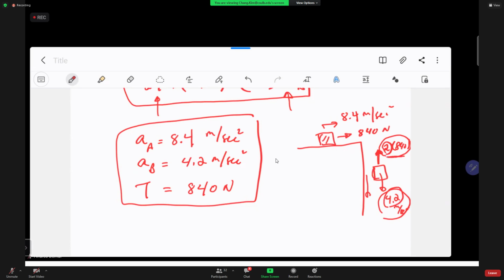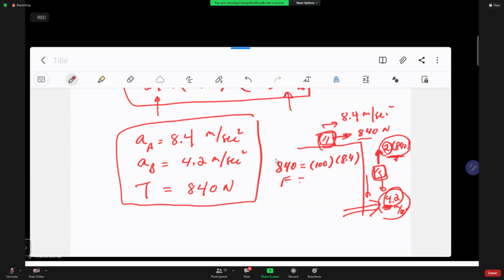force is equal to mass times acceleration. So you are actually pulling or resisting the motion of the P trying to go down, and that's why the acceleration is less. And this guy is pulling to the right with 840, with a mass of 100. So basically 840 is equal to mass 100 times acceleration of 8.4.